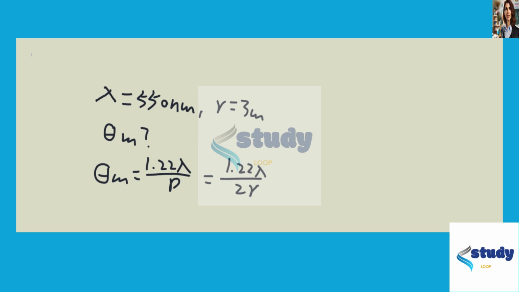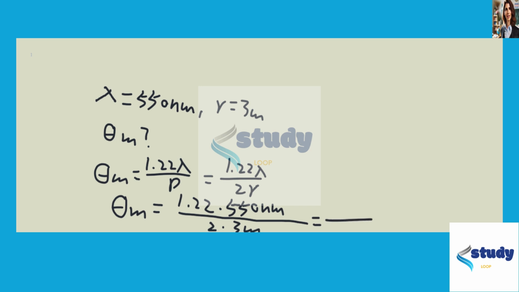Theta m is equal to 1.22 times 550 nanometers divided by d, which is 2r, so 2 times 3 meters.